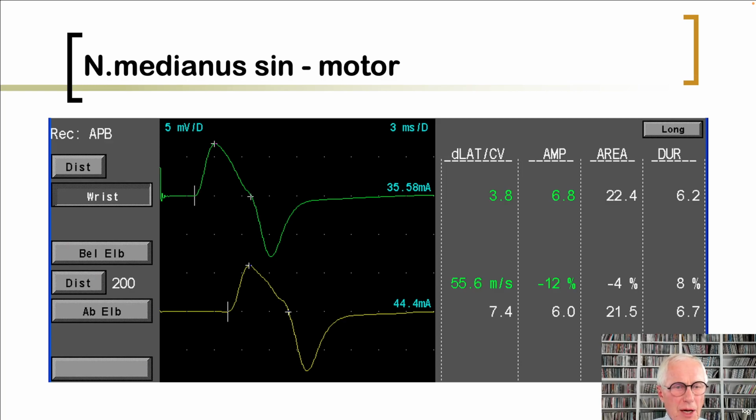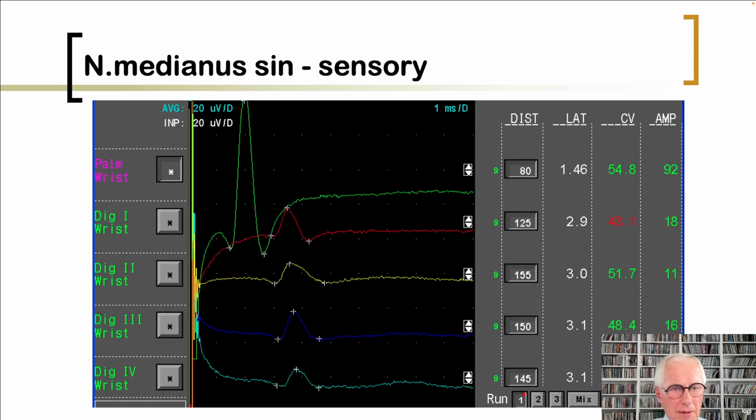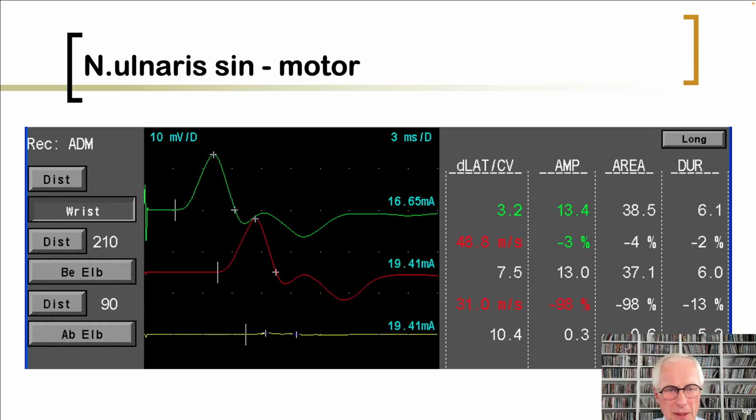Here we see the neurography, motor median nerve, perfectly nice. Median sensory, a little bit lowish conduction velocities, but still within the normal range. Here is ulnar motor. See very nice response stimulating at the wrist and below the elbow.